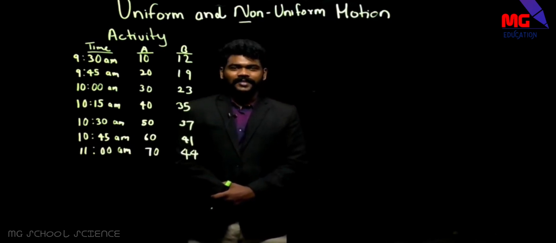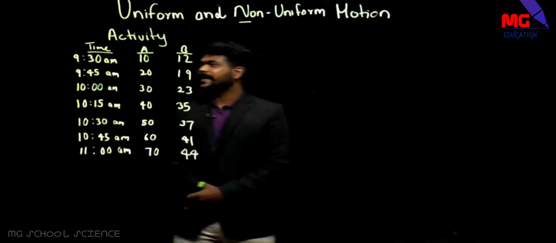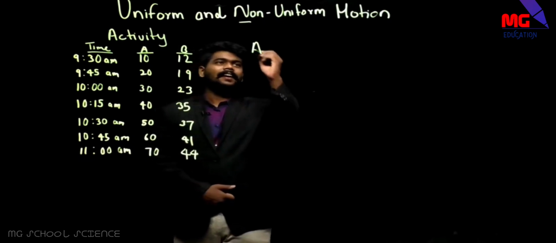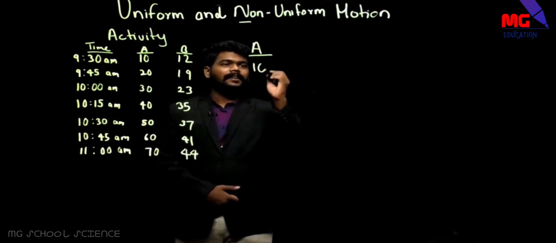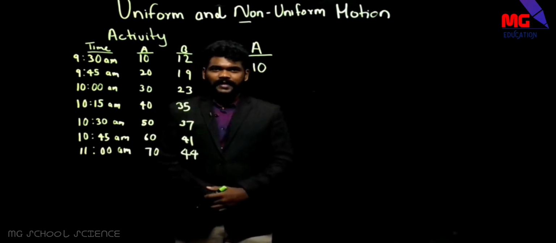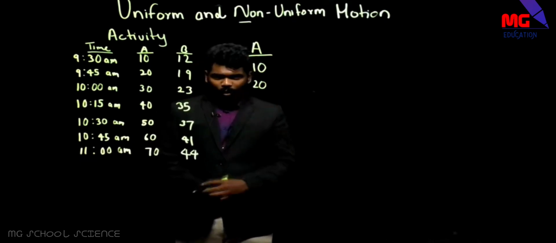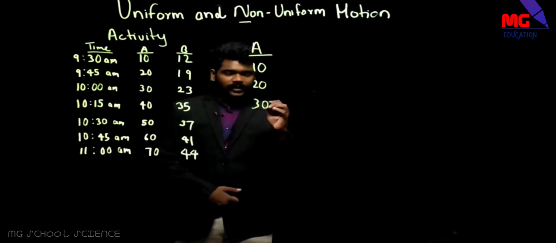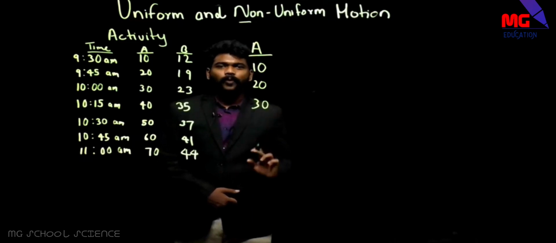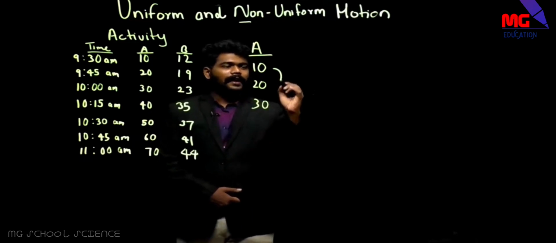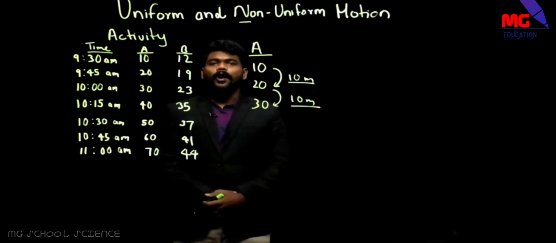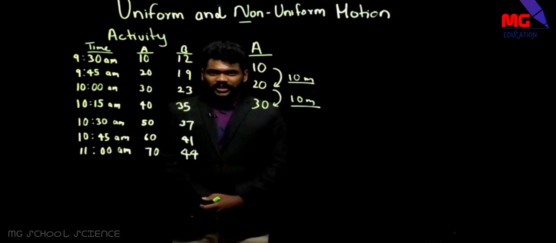Let us take the first example of object A. We can see here that A travels 10 kilometers first, then 20 kilometers, then 30 kilometers, and so on. Therefore, in each interval of time, its distance increases by 10 kilometers. Or you can say that in each interval of time, the distance increases by an equal amount.